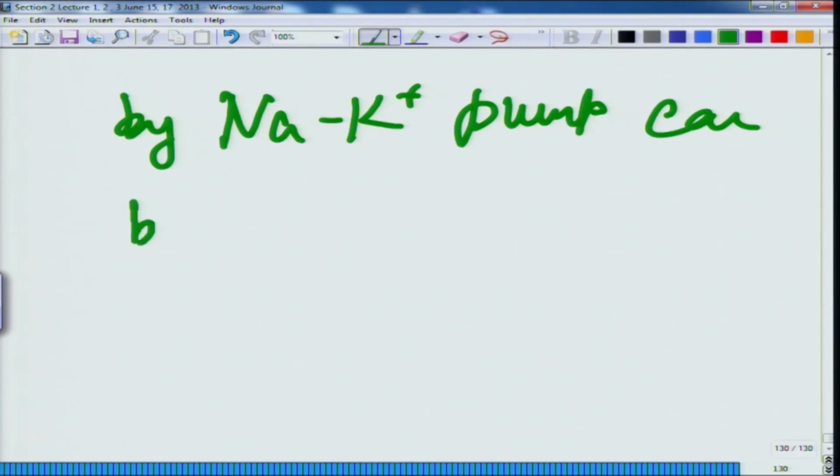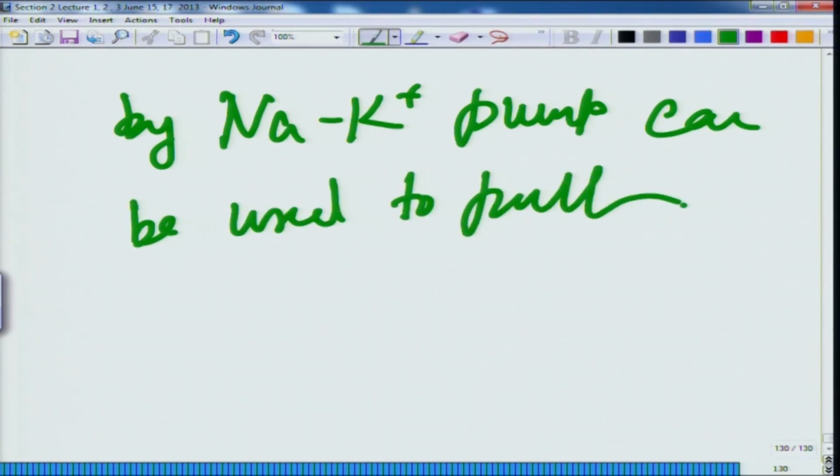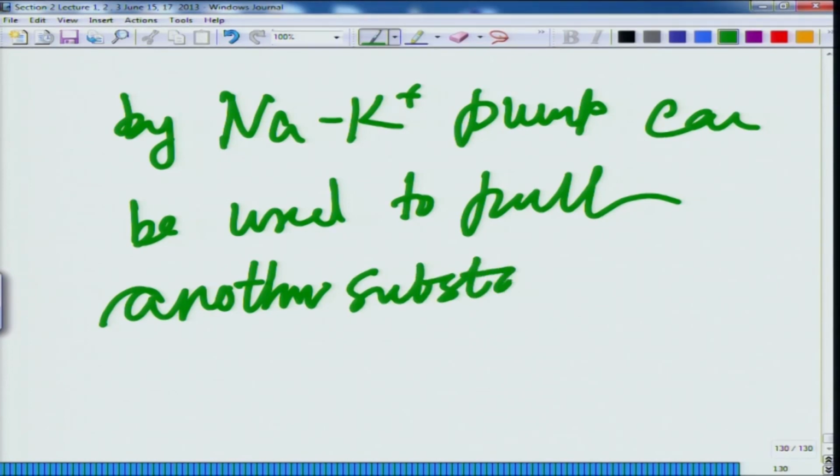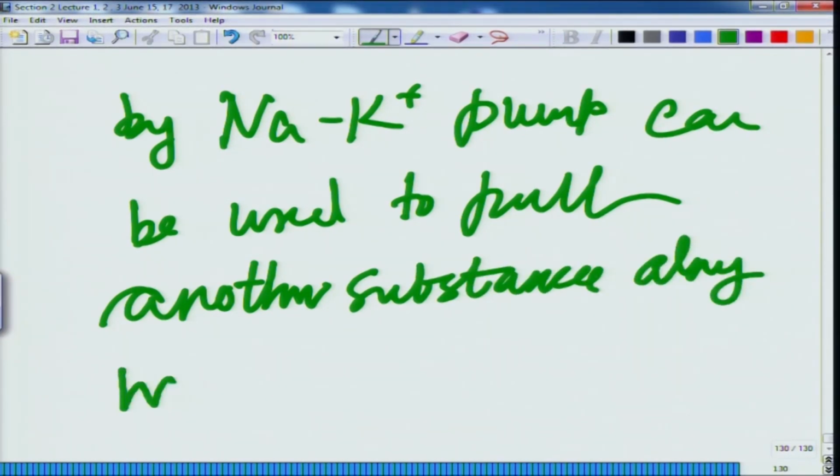This can be used to pull another substance along with it.